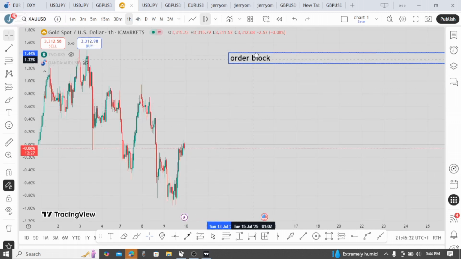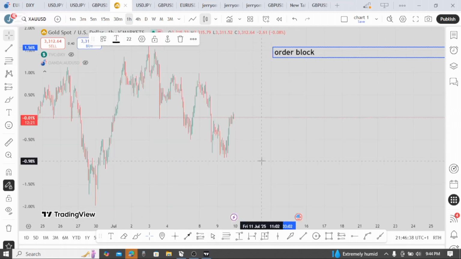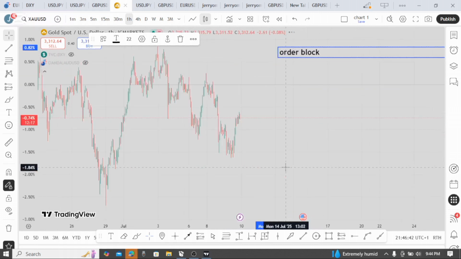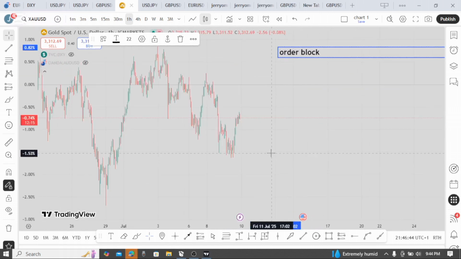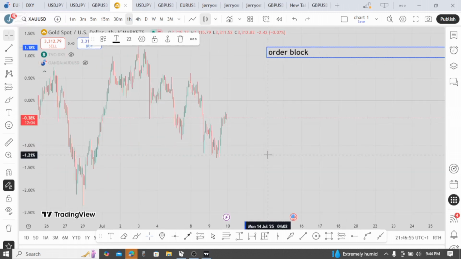The first thing I want you to understand is what an order block is. An order block can be treated as an institutional zone. In fact, it's one of the institutional reference points, and there are two types of order block: a bullish order block and a bearish order block.